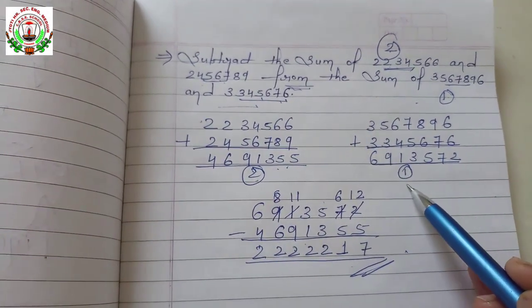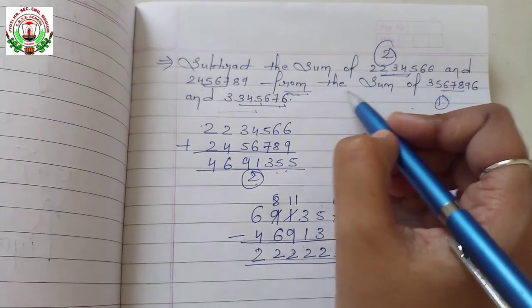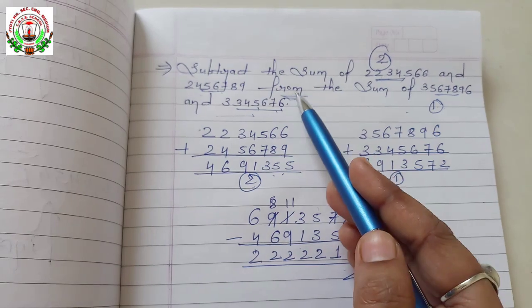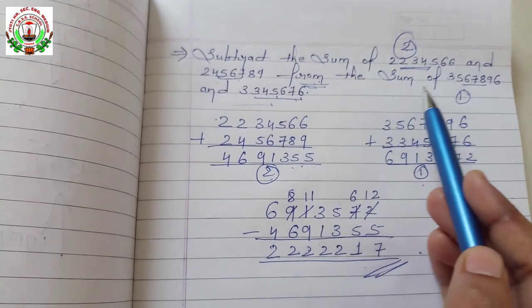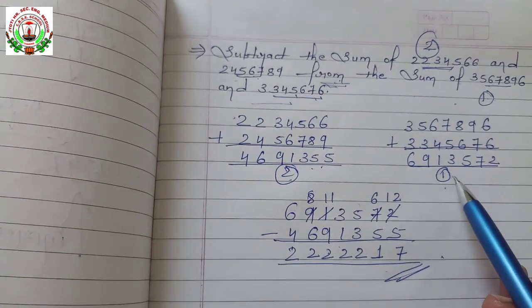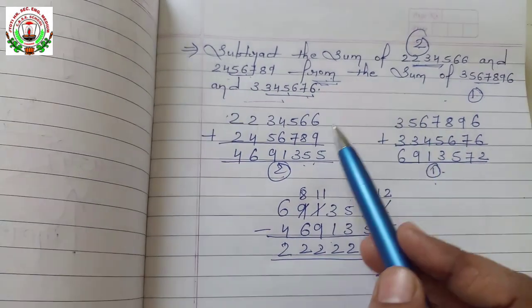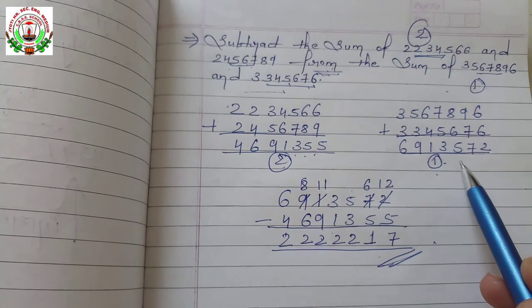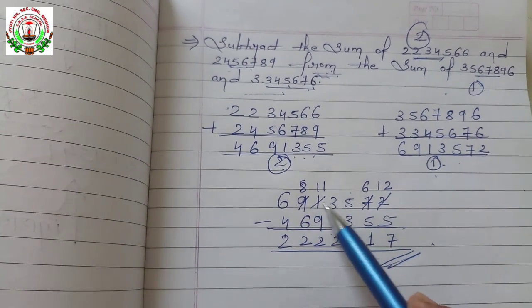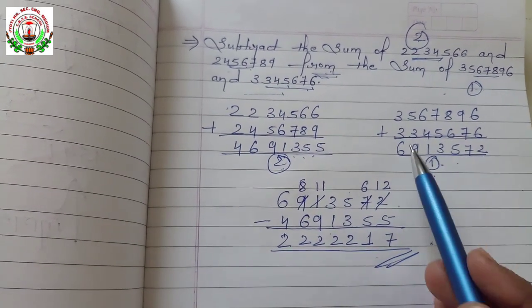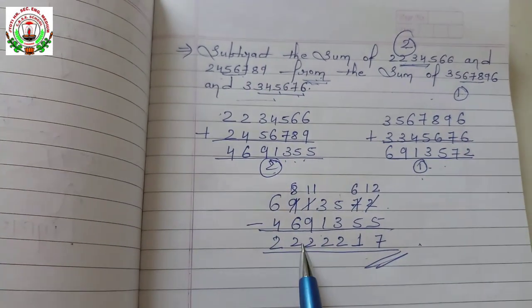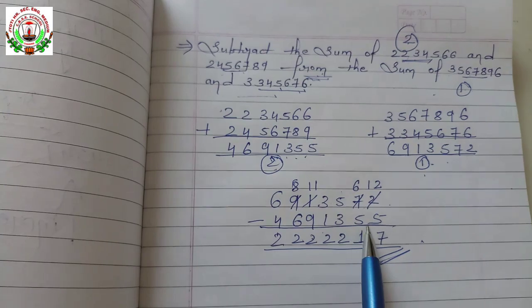Here, since it says subtract from, it means we will subtract this number from this number. So whatever answer we have got here, that is 6913572, we will subtract 4691355 from it.